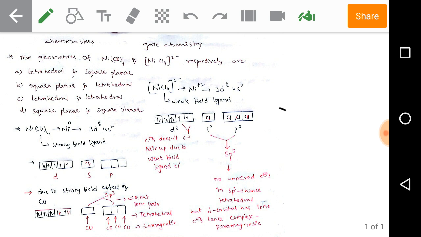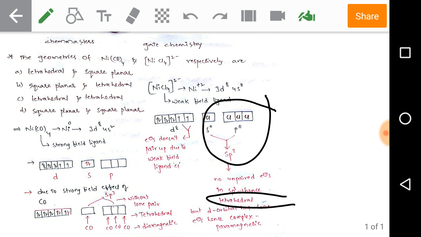The 4 chlorines enter the empty s and p orbitals, hence we get sp3 hybridization. Whenever we have sp3 hybridization with no unpaired electrons in the hybridizing orbitals, it is simply tetrahedral.